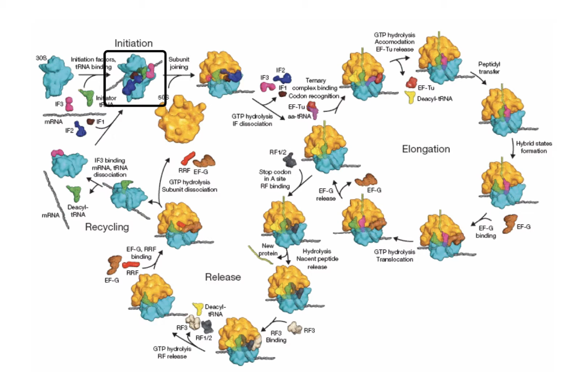It will then attach to the small subunit at the Shine-Dalgarno sequence of the mRNA. And then once that complex is together, it will attach to the large subunit, and the initiation factors will come off.